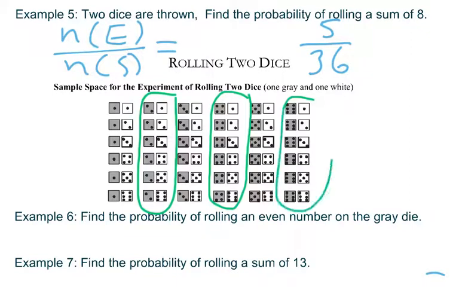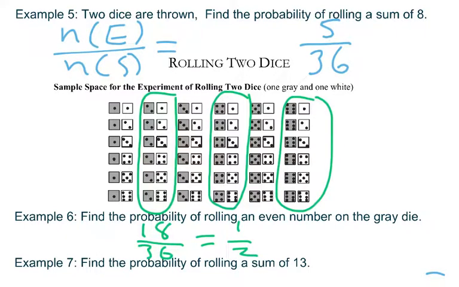All of these, the gray die is a 6. How many outcomes is that? Well, 6 in each row, 1, 2, 3, 4, 5, 6, 3 rows. We are interested in 18 outcomes out of the 36 possible outcomes, n of e over n of s, and that reduces to 1/2.